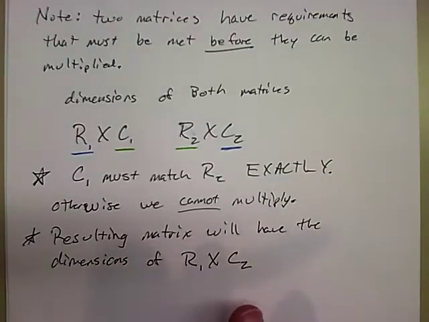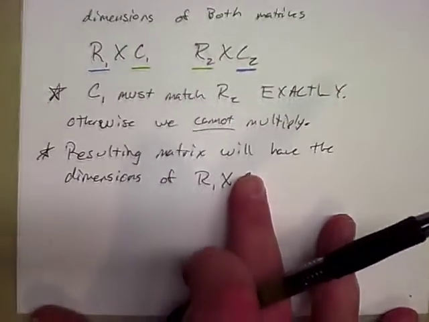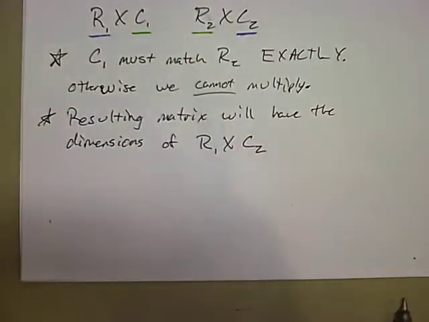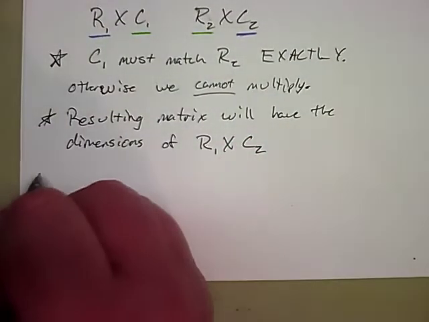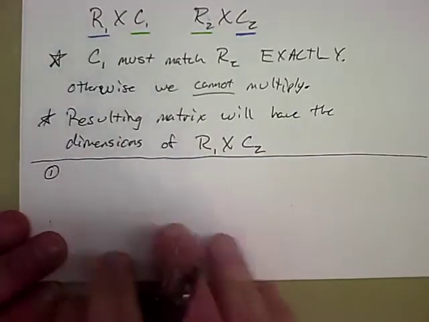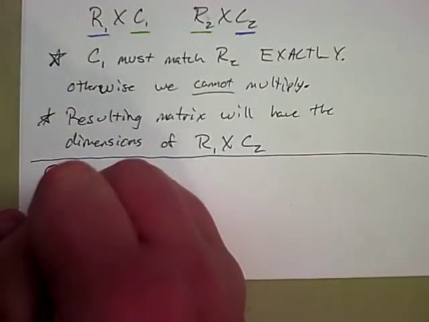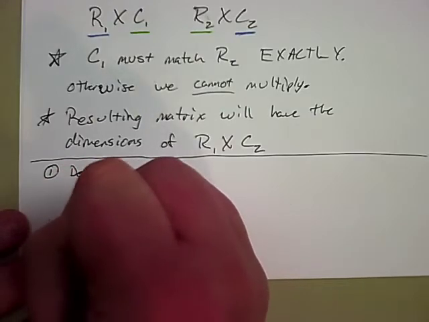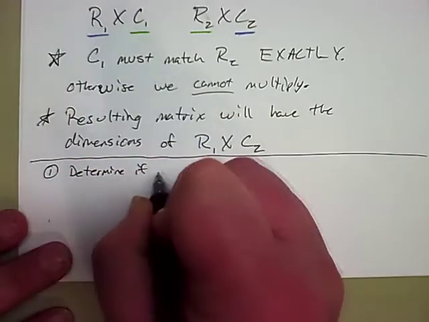I'm going to go ahead and I'm going to write down the steps here. So the steps in order to multiply these out. So step 1, we would need to determine if it's possible. Determine if possible.